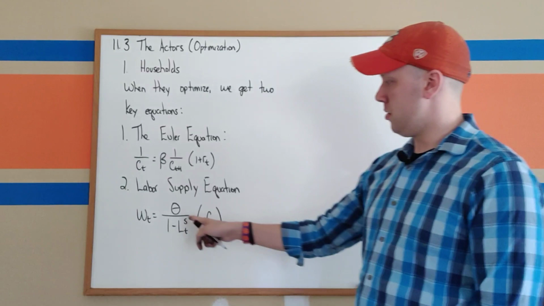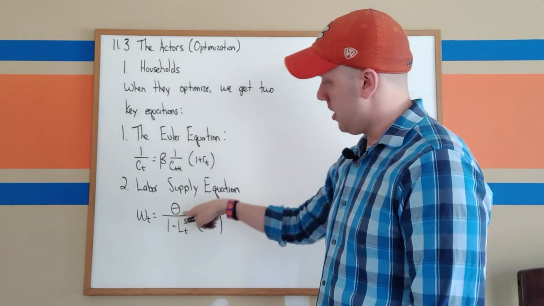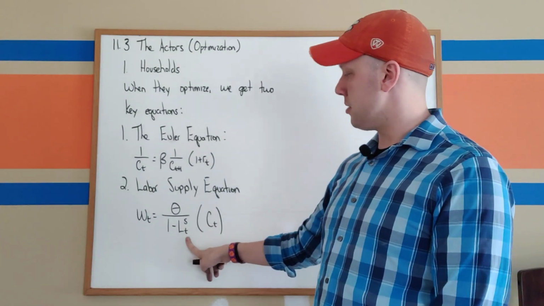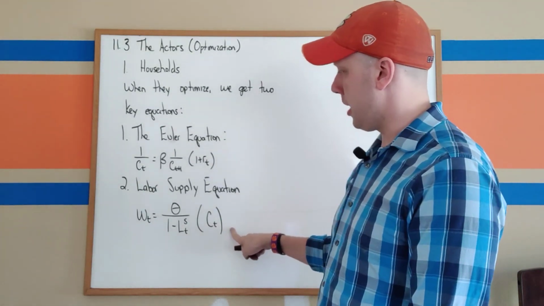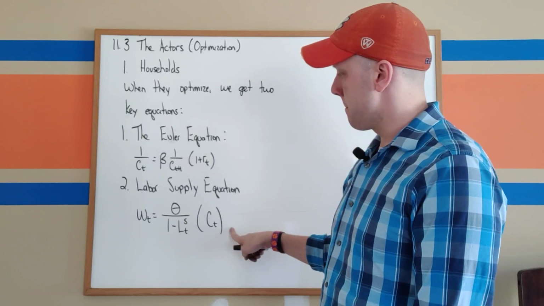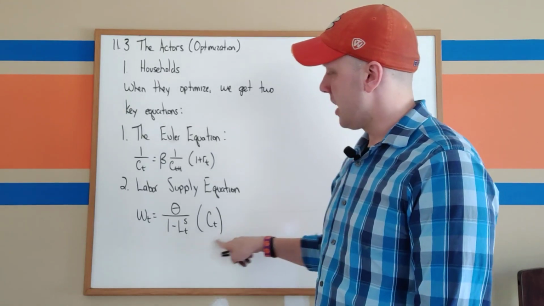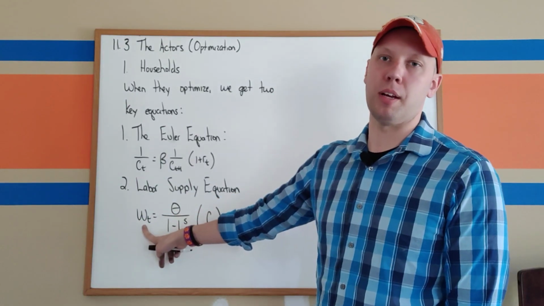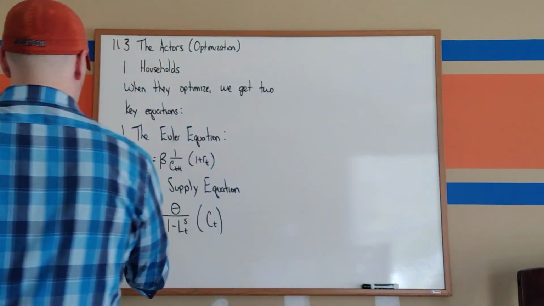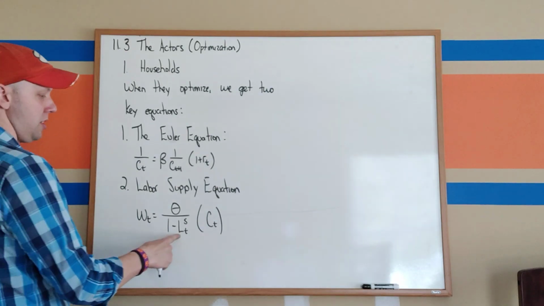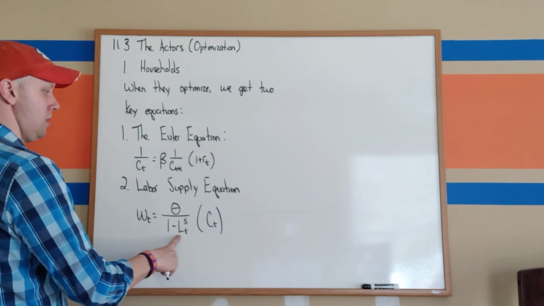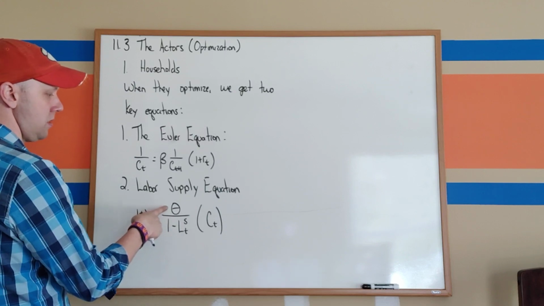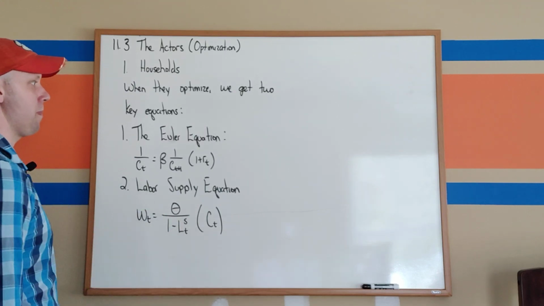And it comes out to the wage rate is equal to theta divided by 1 minus the labor that's being supplied, L_t^S, multiplied by consumption. And this wage rate is chosen exogenously. It's determined by the market. It's not determined by the household. So the household decides how much they want to work based on their preferences for leisure and how much they want to consume.